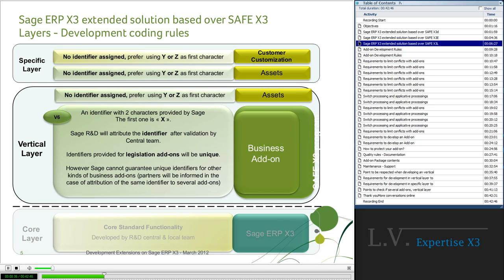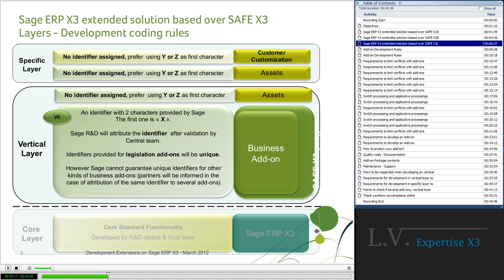Most of the identifiers have been given already by Sage. So the next version, Sage ERP X3 version 7, will allow us to have more identifiers, so we could select more business add-ons. In version 7, object code will be increased to 8 characters and the abbreviation table also.